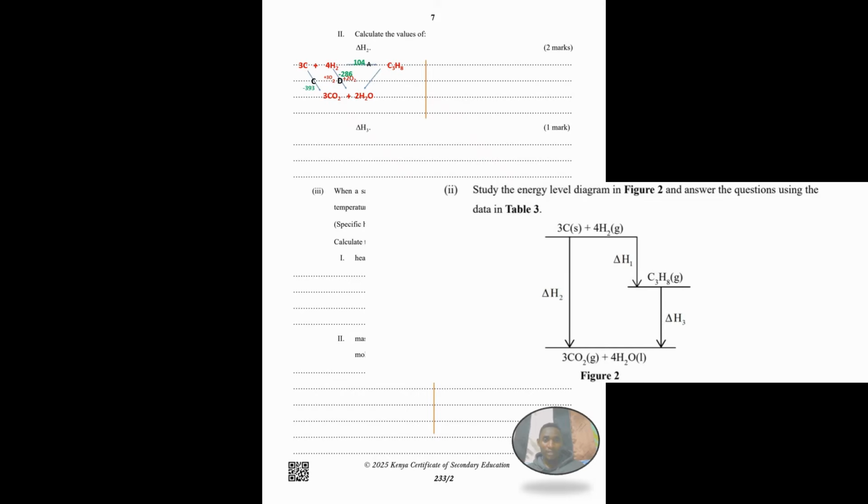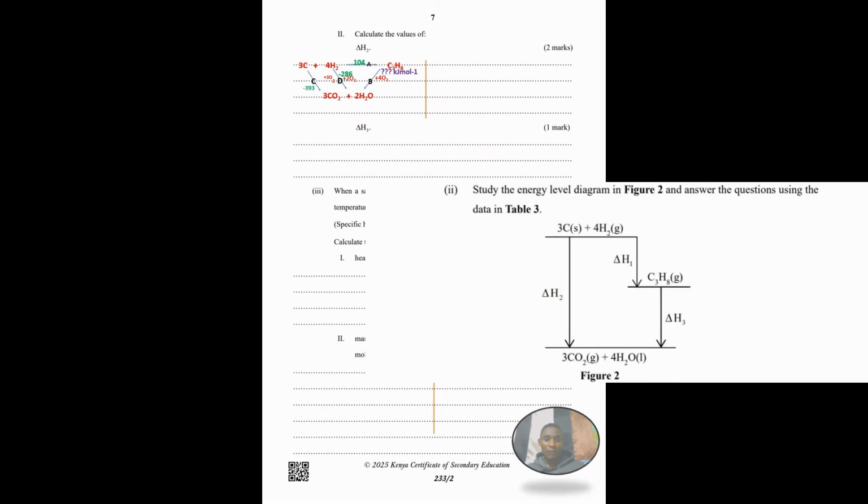So in this case, I'm trying to ask myself, how do I determine the enthalpy change? The enthalpy change B is our enthalpy change H3, and then we have enthalpy change H2, which is C and D.